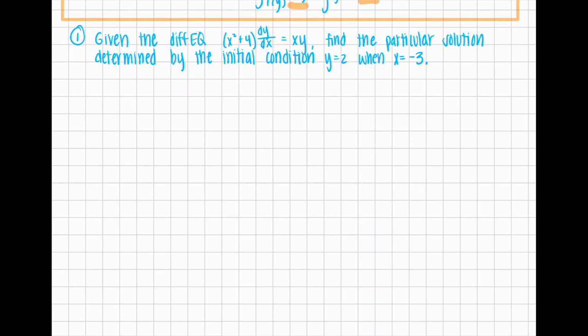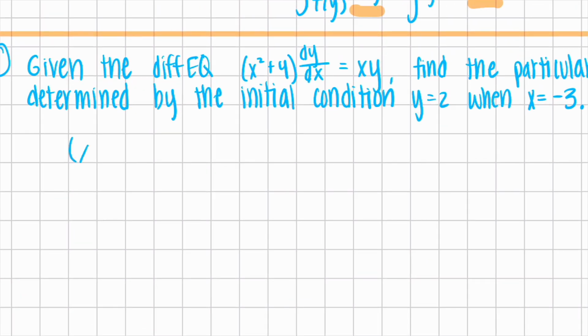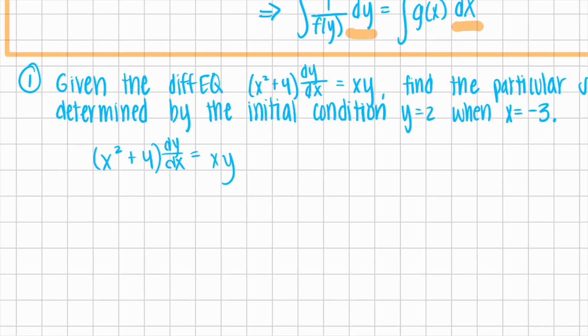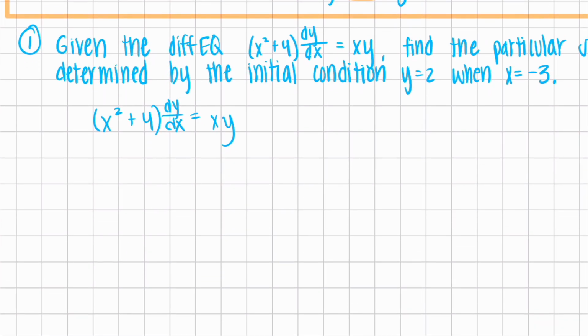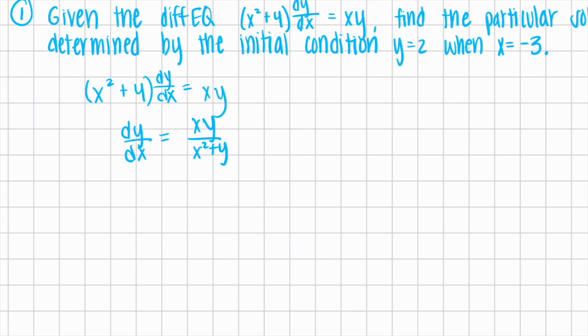Starting with number 1, I'm going to rewrite my differential equation. And I'm going to start by separating the variables. So let's see, I'm going to divide by x squared plus 4 on both sides. I'm going to multiply by dx on both sides.